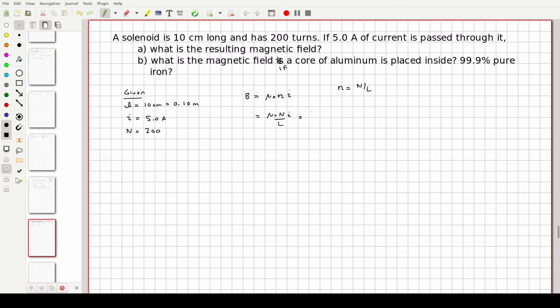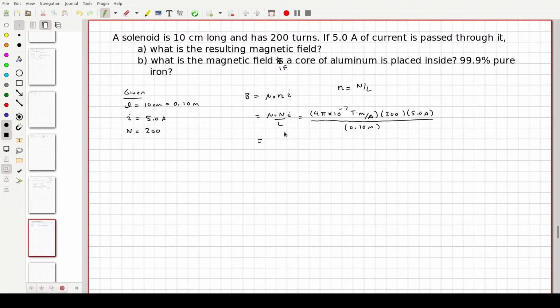So mu naught is 4 pi times 10 to the minus 7th Tesla meters per ampere. We have 200 turns. The current is 5.0 amps. And the length is 0.10 meters.